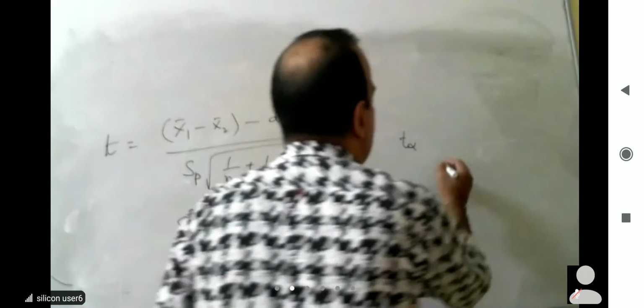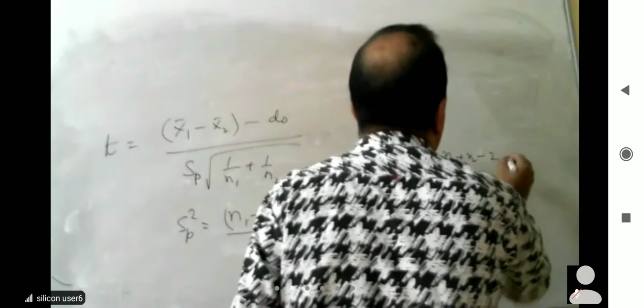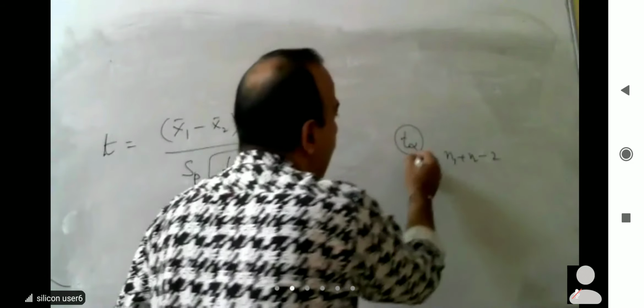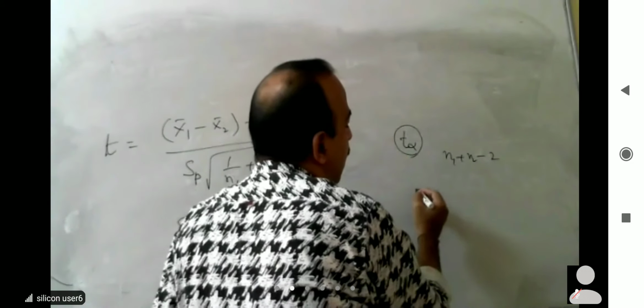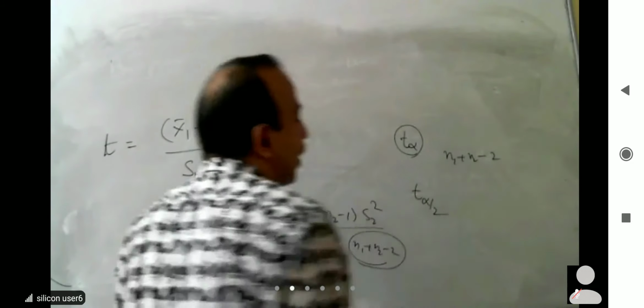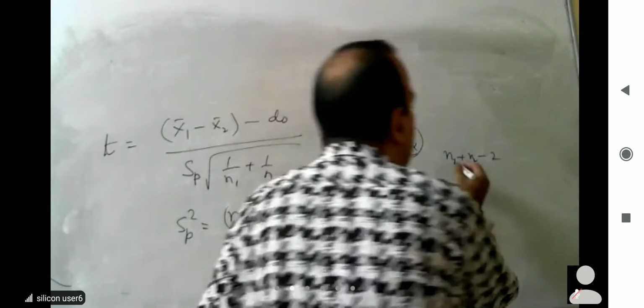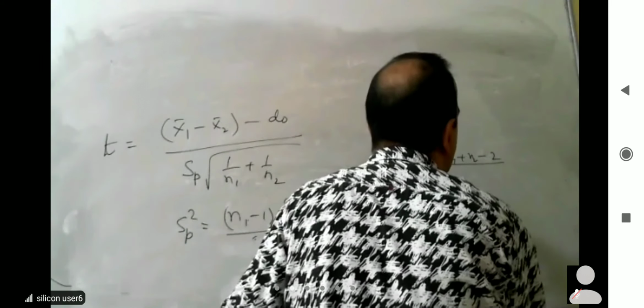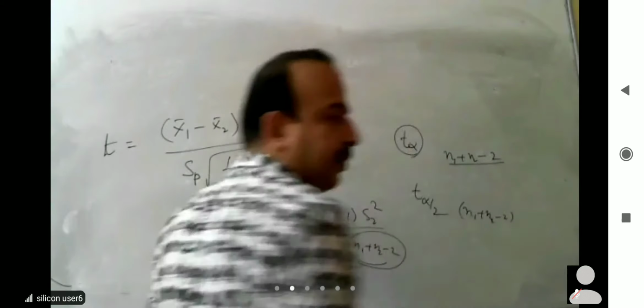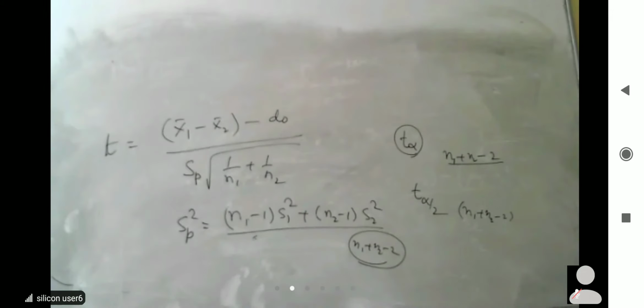Here, if it is two tail, instead of T alpha, what do you find? T alpha by 2. What is the degree of freedom? n1 plus n2 minus 2. Got it?